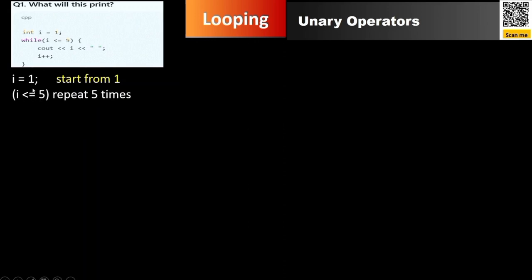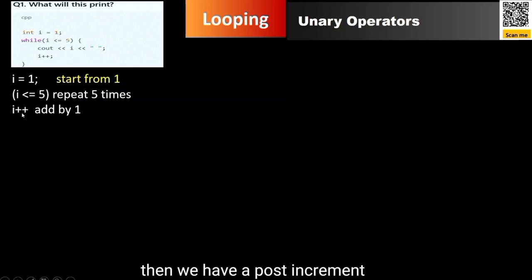It will continue while the condition holds, and the loop will end after meeting a false statement. Then we have a post-increment, which means adding 1. After 1, we add 1; after 2, 3, 4, 5. After 6, it will terminate. You get to understand this as we proceed.